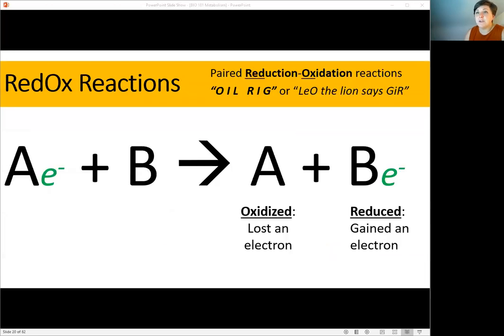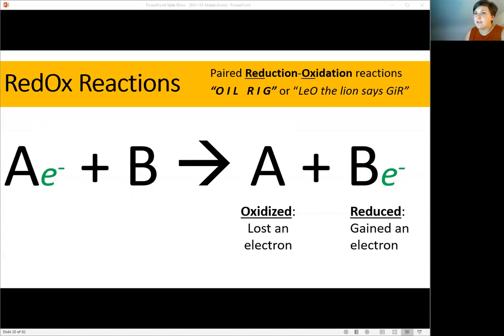First, let's make sure we understand what oxidation and reduction are. As mentioned, oxidation involves a molecule losing an electron, while reduction involves a molecule gaining an electron. So in the above reaction, A is oxidized when it loses this electron, and B is reduced when this electron is transferred and received.